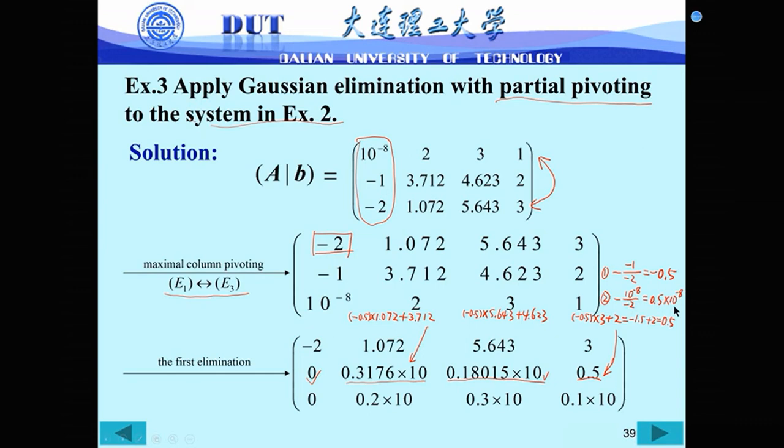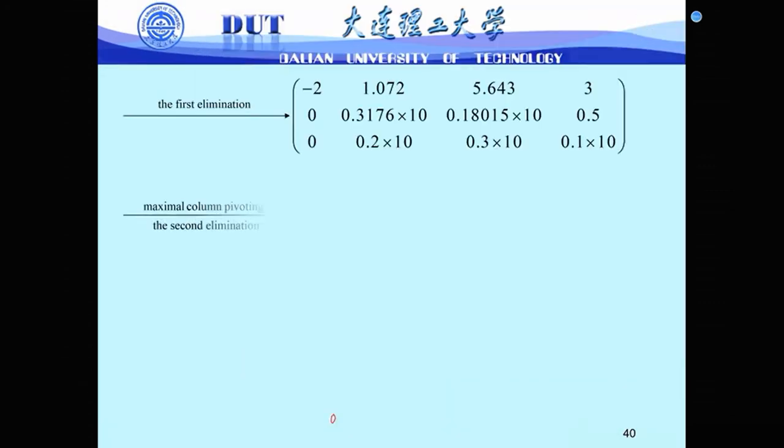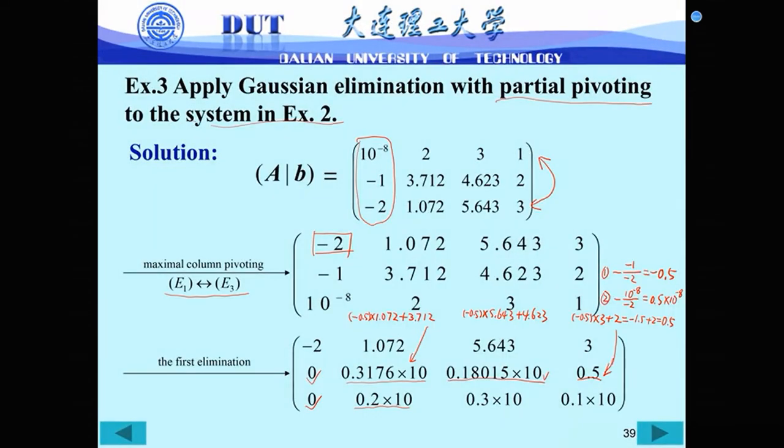Let's check. Of course, this number should be 0 because we just use minus 2 to eliminate this number. And let's check this number, 0.2 multiply 10. How to obtain it? Now you see, we should use the multiplier 0.5 multiply 10 to minus 8.